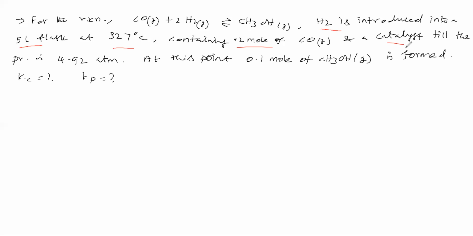Hydrogen gas is introduced till the pressure is 4.92 atmosphere. That means the system has attained equilibrium. So at equilibrium, the pressure is given, the temperature is given, and the volume is given.